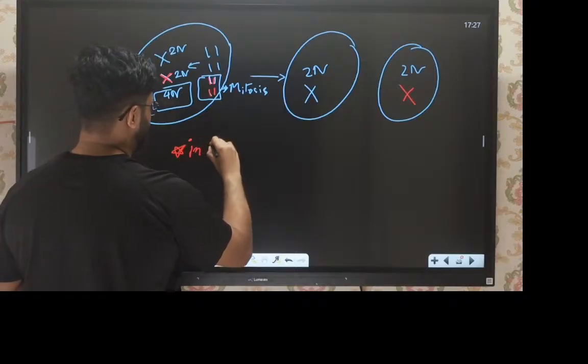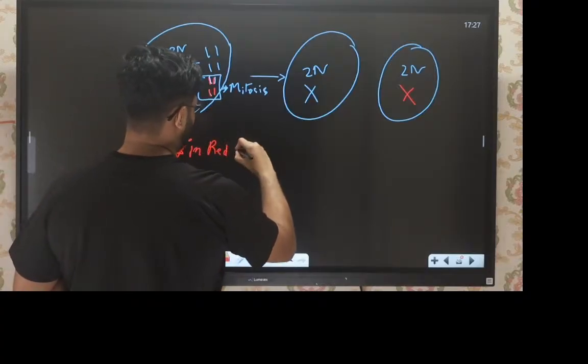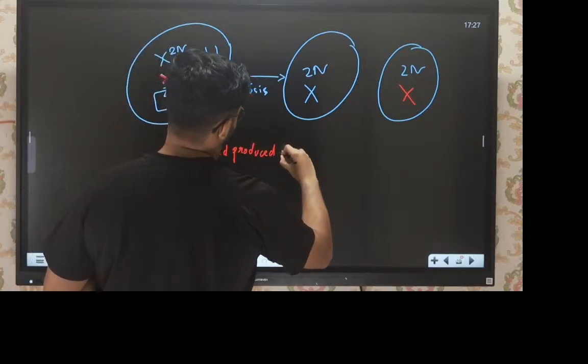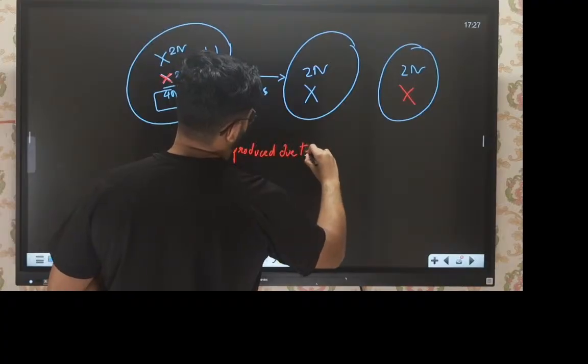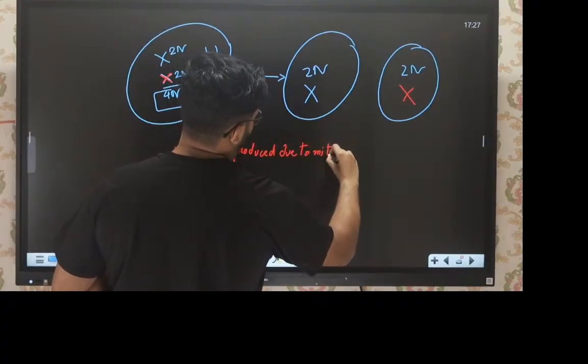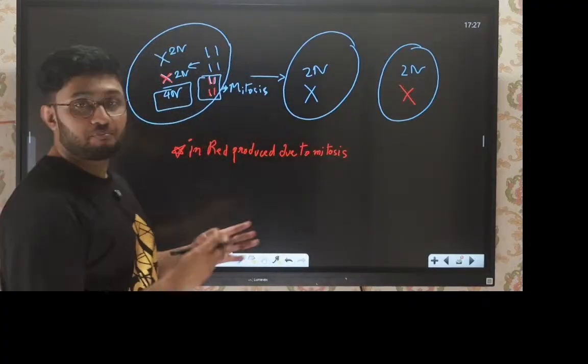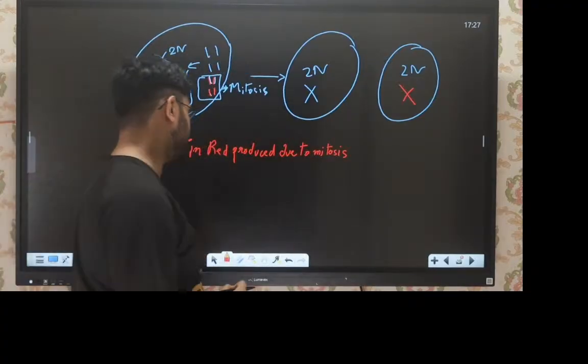If it's in red, produced due to mitosis. Alright, hope it's much more clear now.